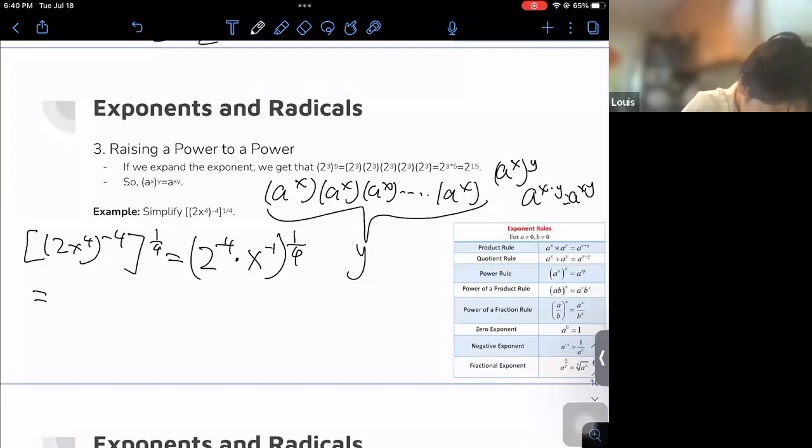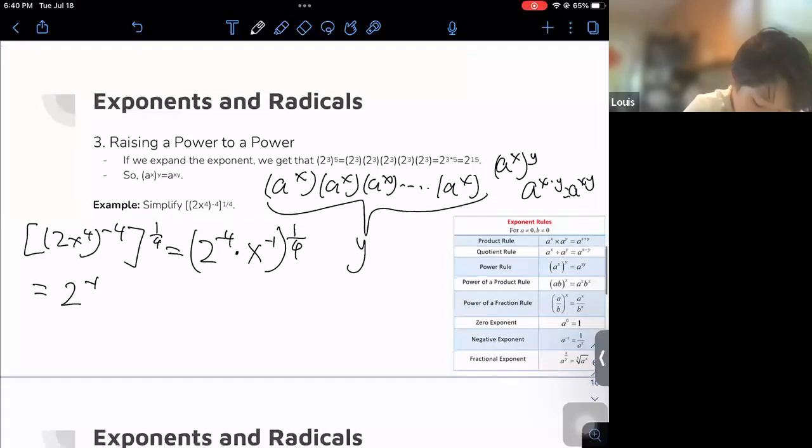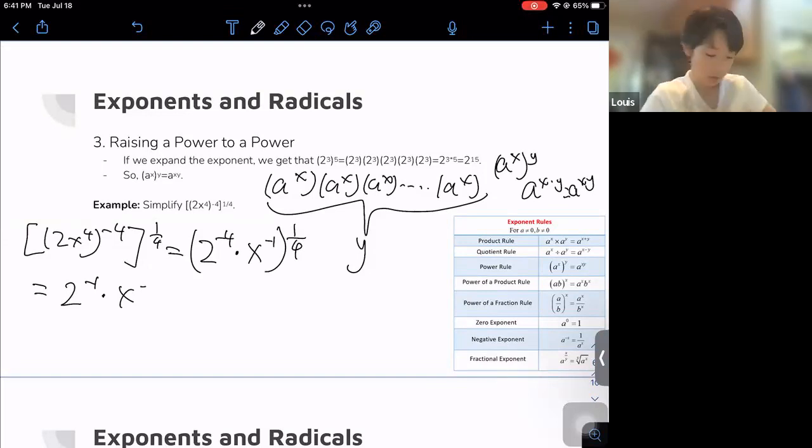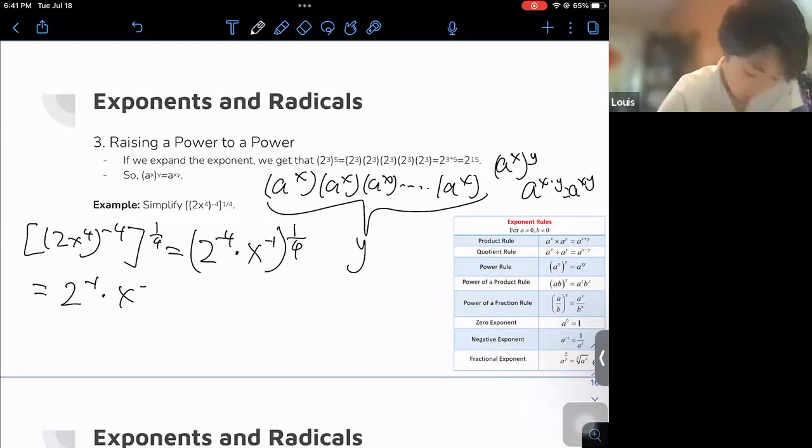So this would just be 2 to the negative 1 power times x to the negative 16.